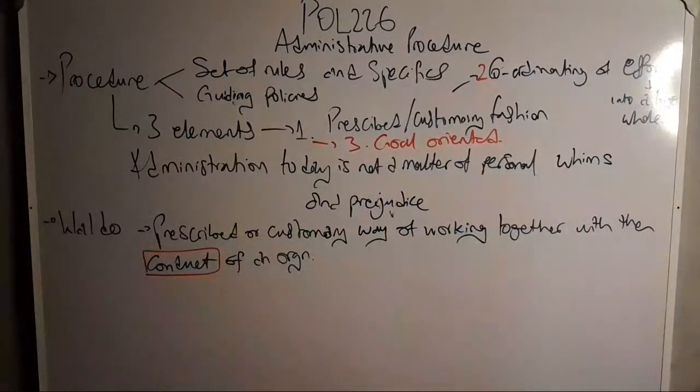It says here that in public administration, procedure plays more vital role than in any other large-scale organization, as it is responsible to the people. All right. So when it comes to public administration, procedure even plays a lot of role.